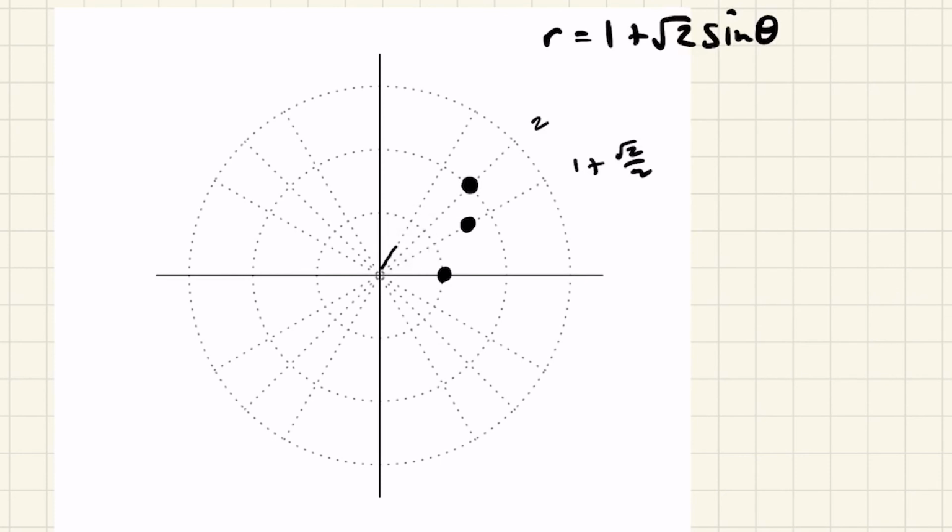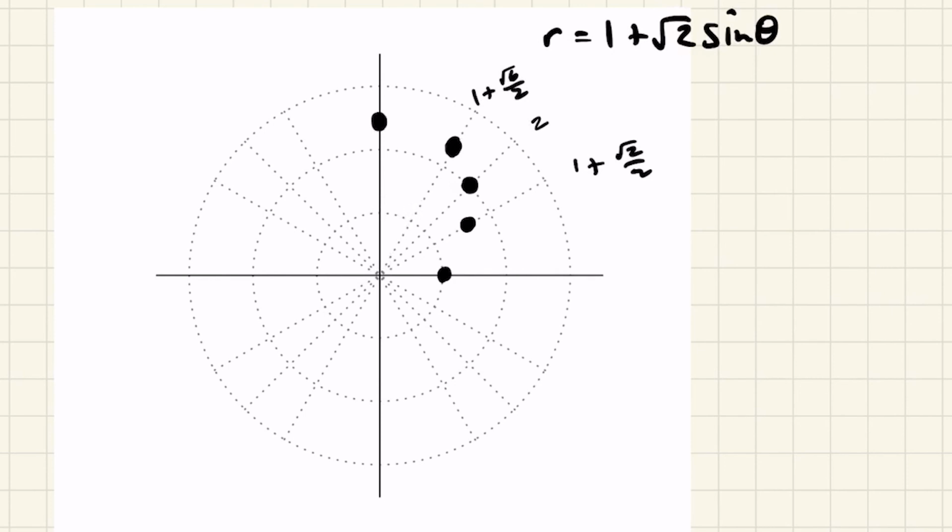At pi over 3, we get 1 plus root 2 times root 3 over 2, so that's root 6 over 2. Square root of 6 is a little over 2, so this is a little bit over 2 points. Let's call this like 2.3. It's about there. And finally, at pi over 2, sine of pi over 2 is 1, so we're going to get 1 plus root 2, which is about 2.4.